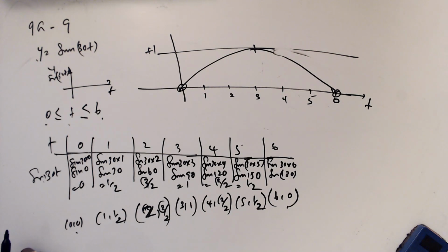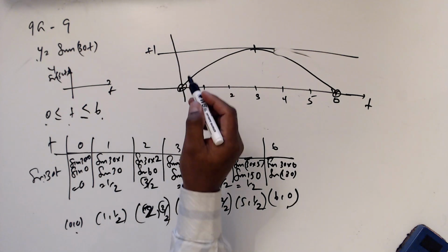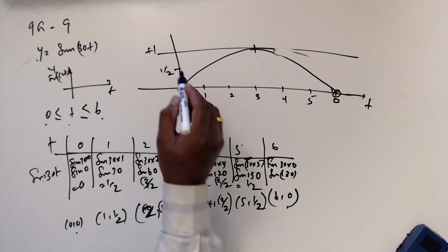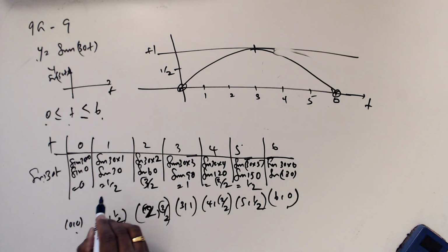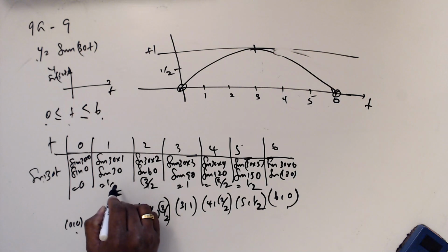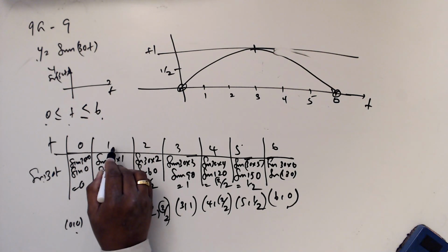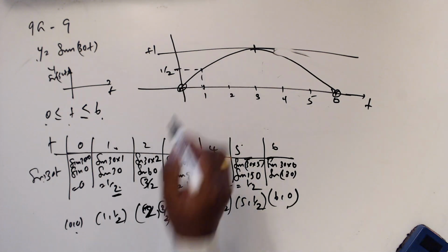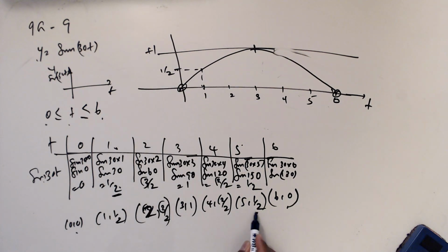Part B, if t equals 0 represents midday, during what time will the rock pool be at least half full? So 1 is for full, and half full means half. Which figure gives half? I can see that when the value is half, the t value is 1. What else gives half?